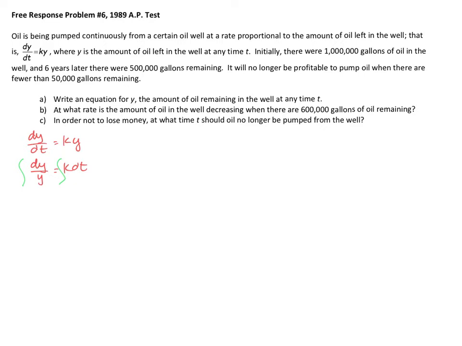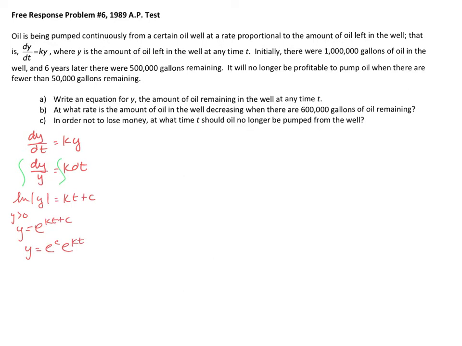So we'll integrate both sides. This becomes the ln of the absolute value of y equals kt plus c. We know that y is greater than 0 because it's an amount of oil. So we have e to the kt plus c is equal to y, and y will equal e to the c times e to the kt.